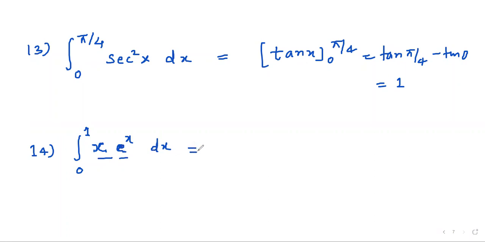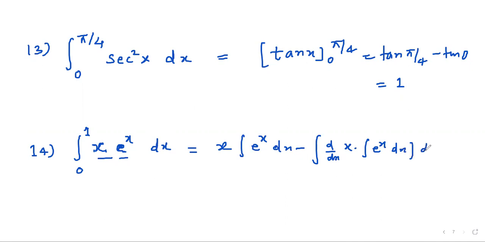So we apply the rule here: we will take x as the first function and the integration of the second function, e power x dx, minus integration of d upon dx of first into integration of second, dx whole dx. Then I'm not putting the limit here.